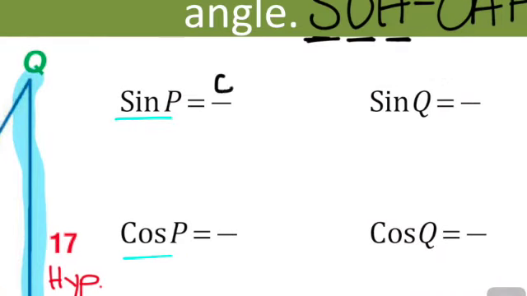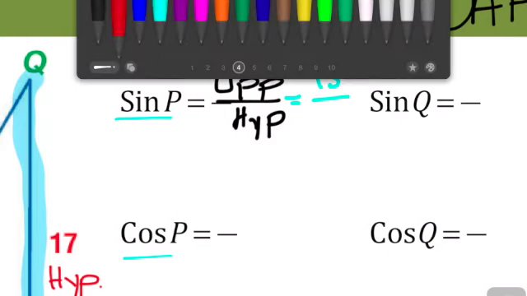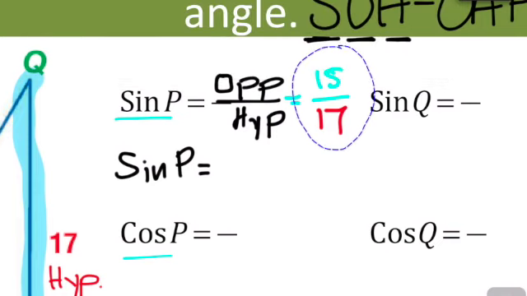We know that the opposite is 15, and the hypotenuse we know is 17. So my final answer would be the sine of P is equal to 15 over 17.